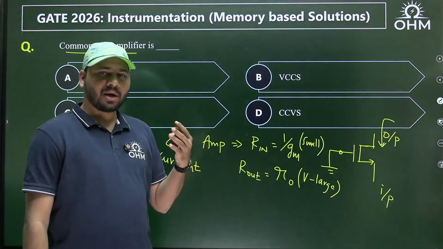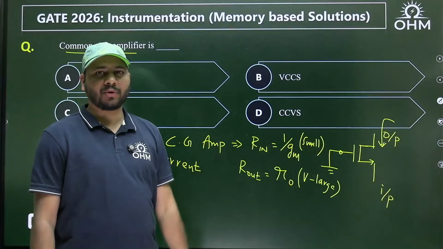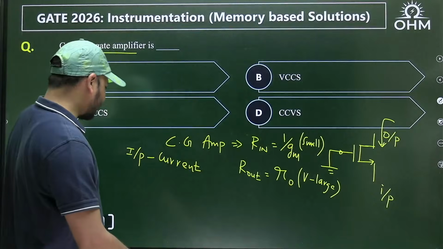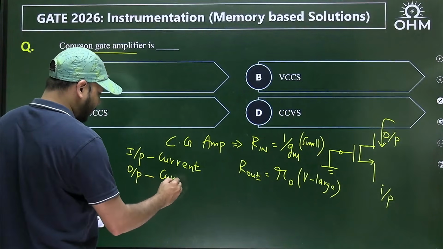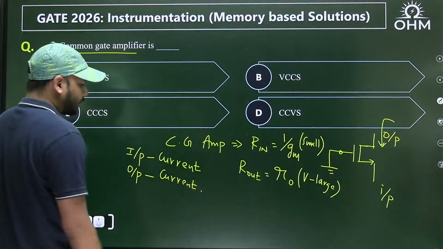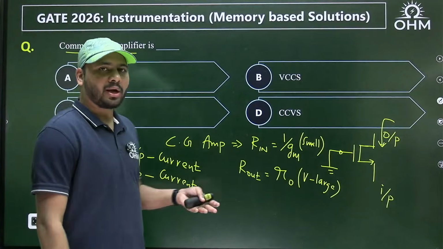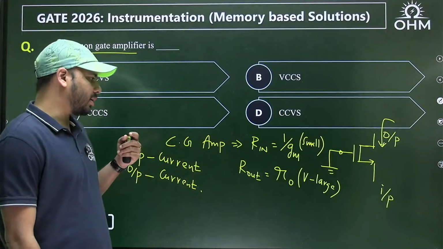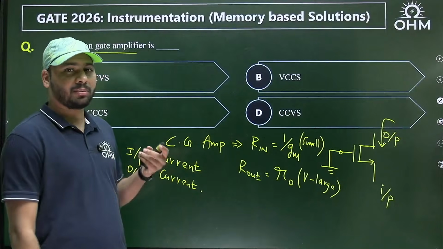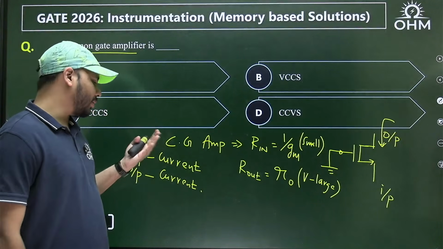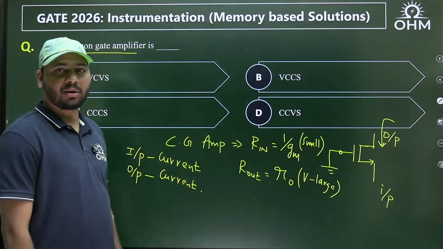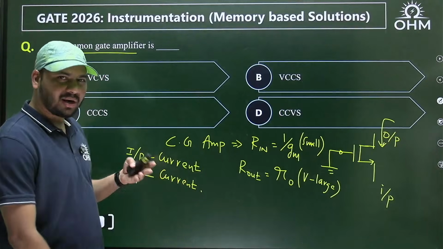If the output is current, then it is preferable to have a large value of output resistance. So output also is a current. In this way, we can say this common gate amplifier is better suited as a current amplifier, but then the current gain will be 1.